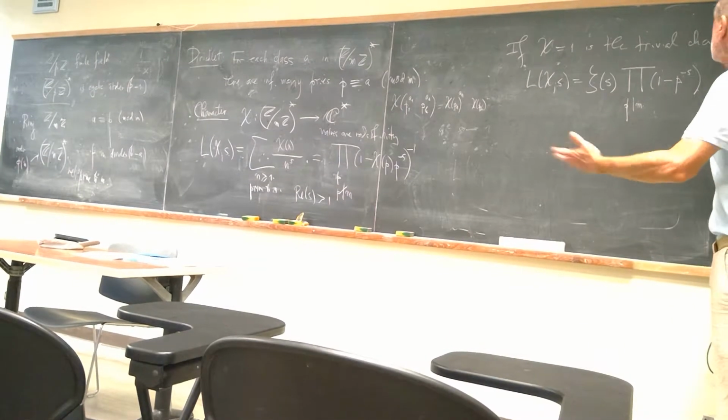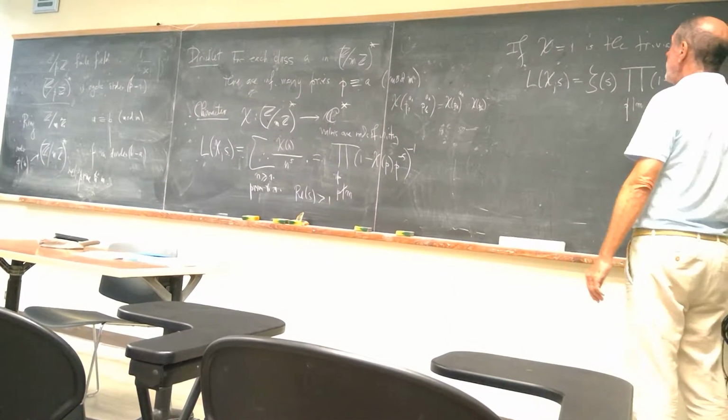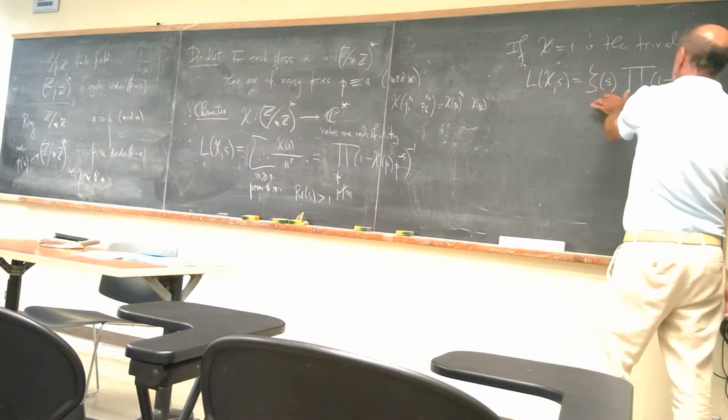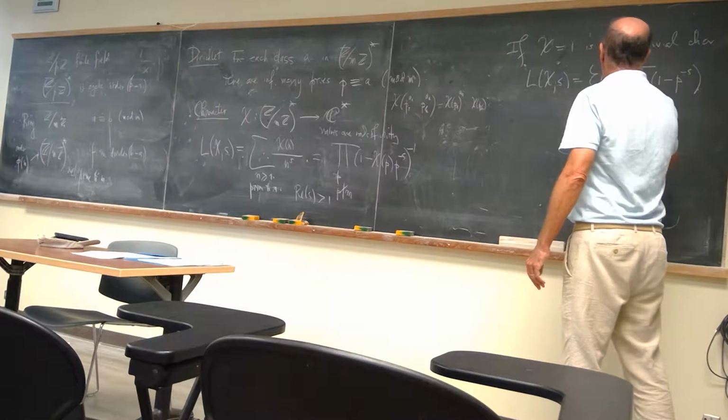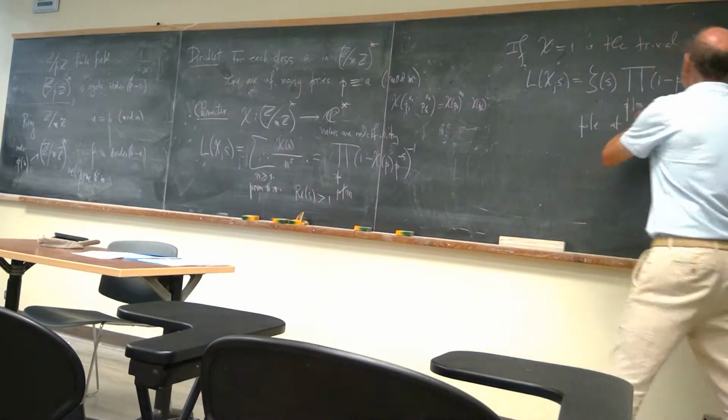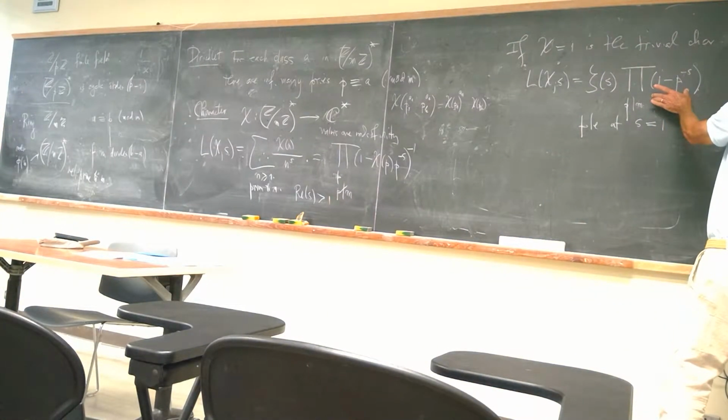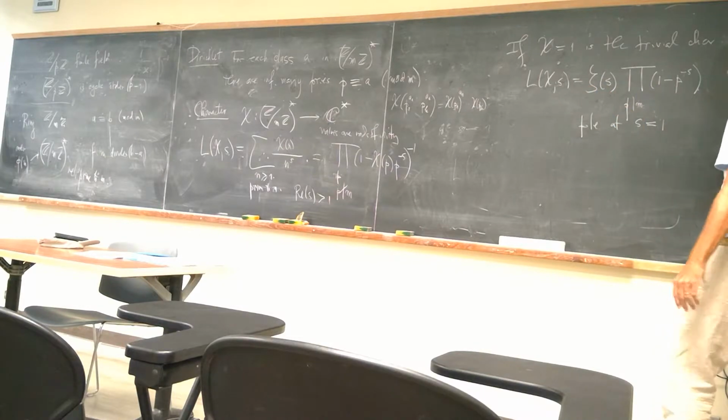So it's very closely related to the Riemann zeta function, and this still has a pole at s equal 1. The residue is now changed because this factor is non-zero at s equal 1, and the zeta function has a pole at s equal 1.